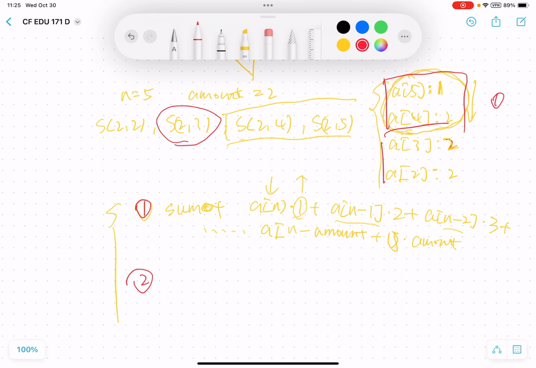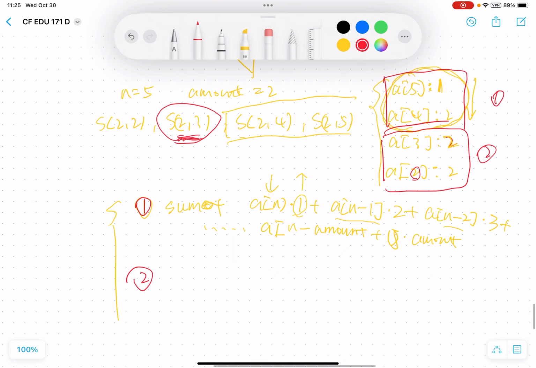The second part is the last thing. The start of the second part will be 2 because this is the second line. That means this value will be 2 because this is the second line.